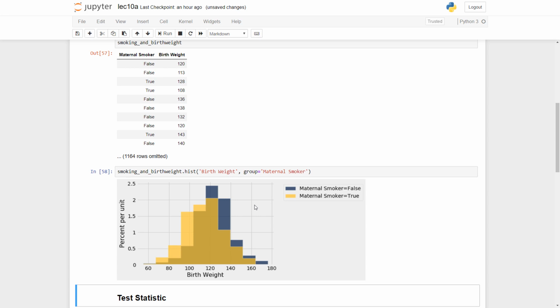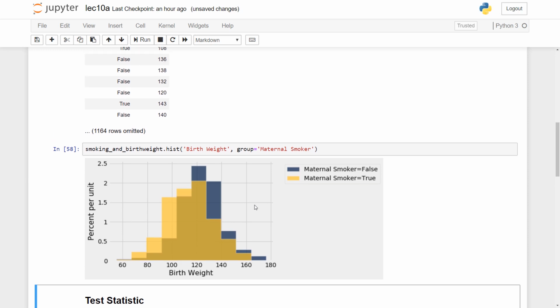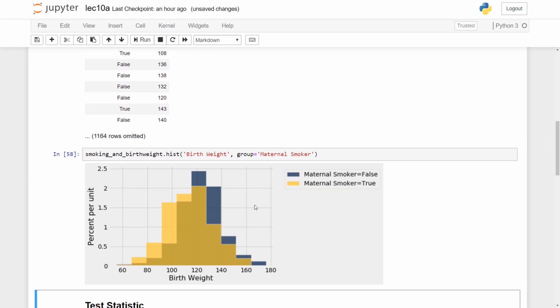From that, if we look at it, we can say that the yellow distribution, or brown, or gold if you wish, is a bit to the left of the other distribution, which means that on average the weight of the babies for smoking mothers is a bit less than the average for non-smoking mothers.